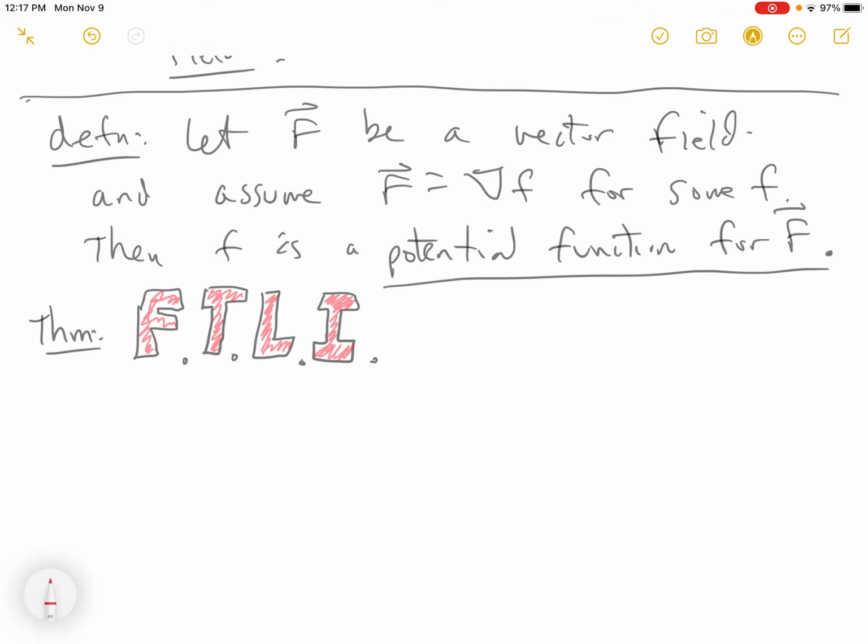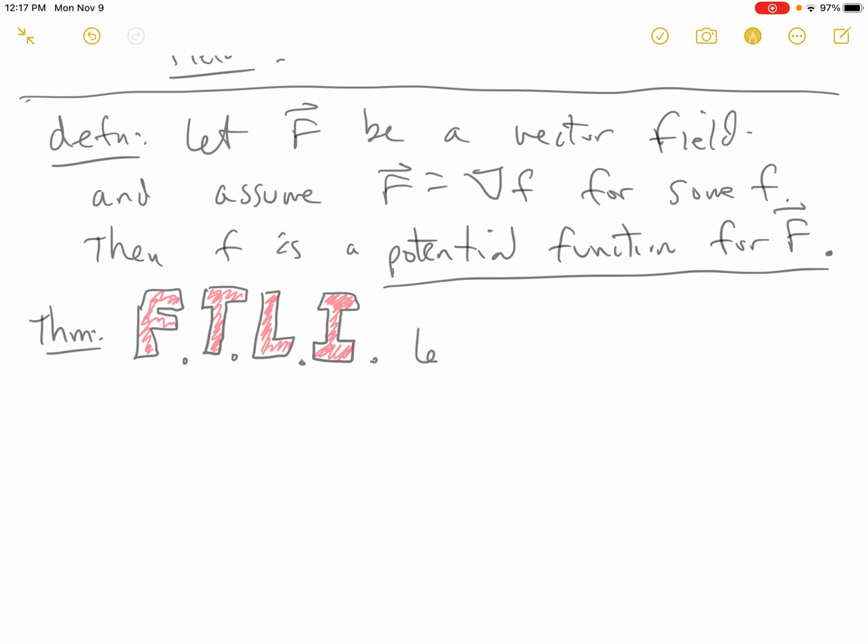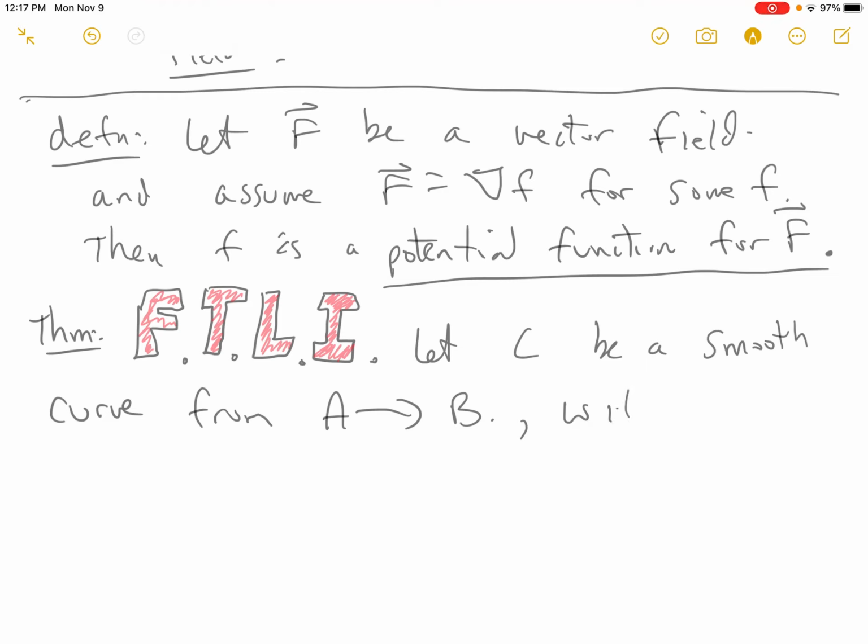So here we go. Let C be a smooth curve from point A to point B, where C is parametrized by some r of t with t running from a to b.